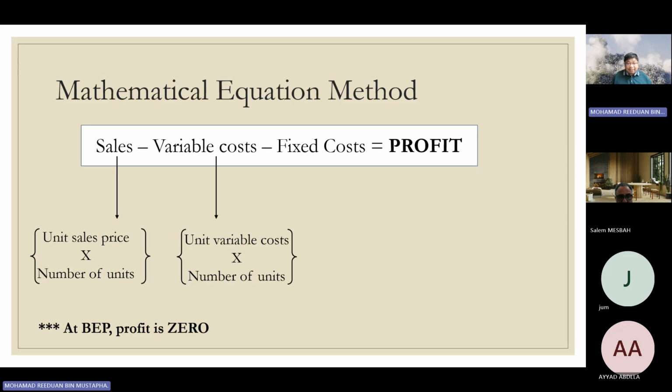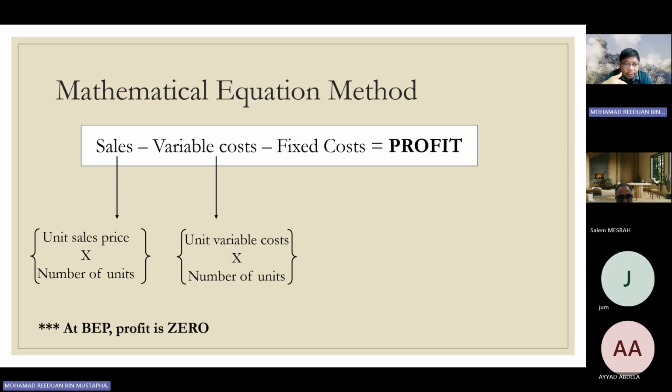In order to get the sales, you need to multiply the sales price by the number of units produced.